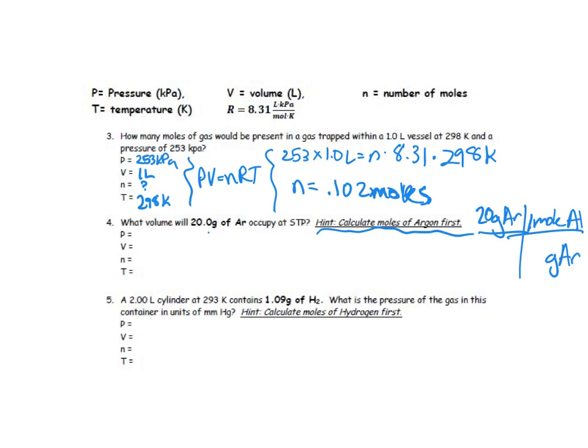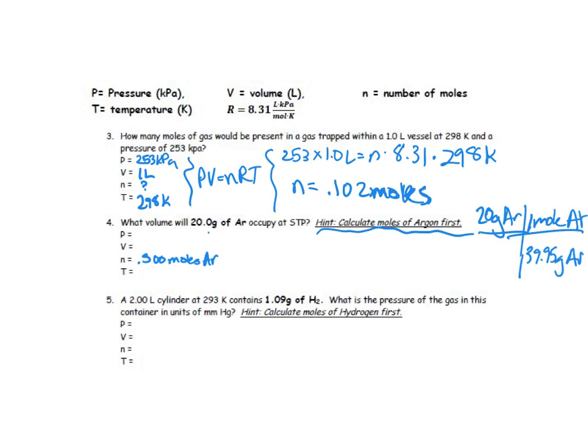So 1 mole of something is going to equal whatever it says on the periodic table, which should be 39.95, I believe. 39.95 grams of argon. And so we can calculate however many moles by taking 20 times 1 divided by 39.95, and so we get 0.500 moles of argon.